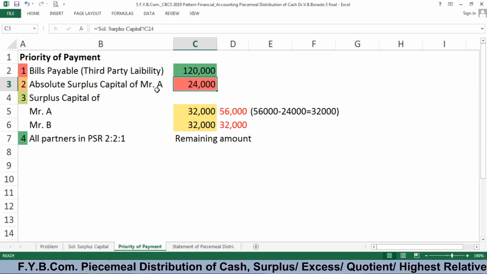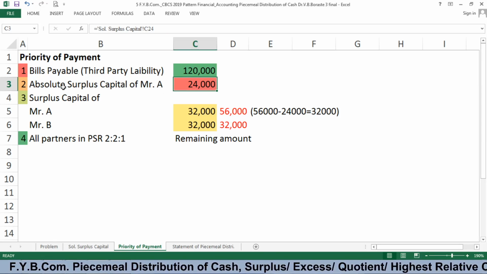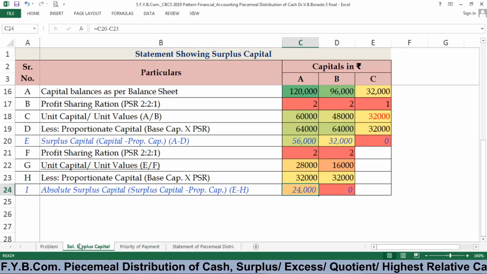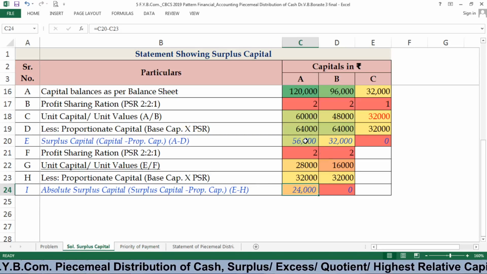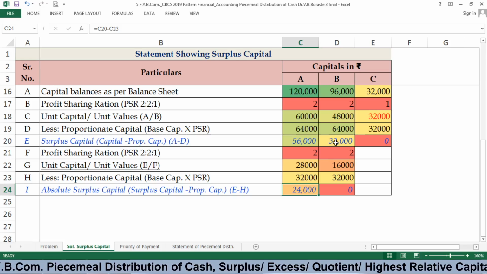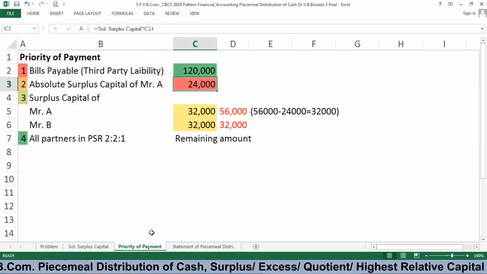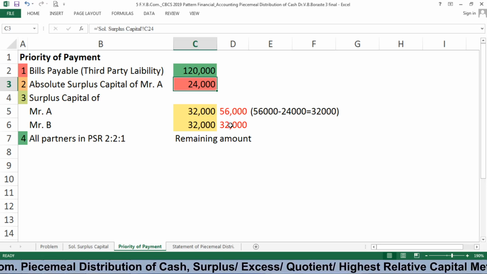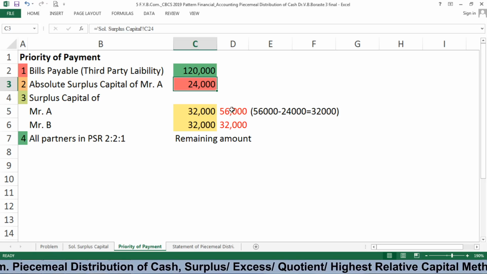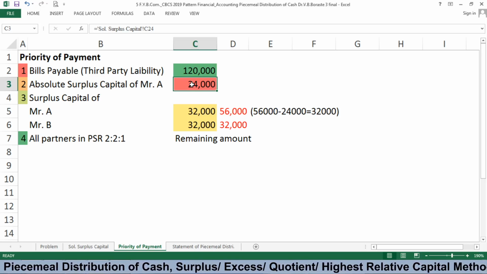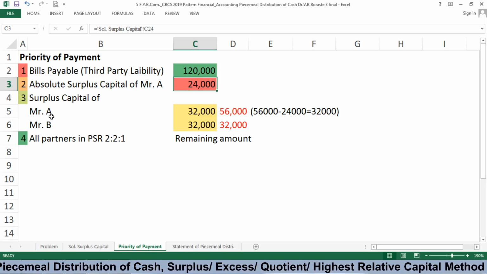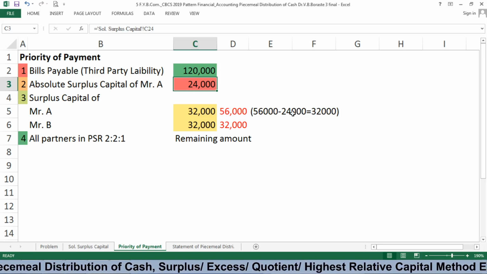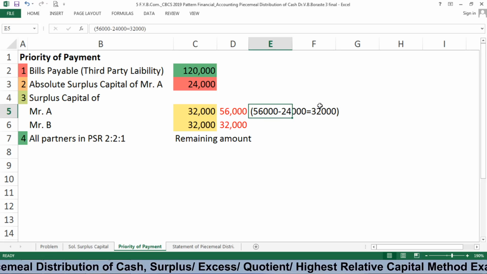After payment of Mr. A's absolute surplus capital, we can pay surplus, that is 56,000 to Mr. A and 32,000 to Mr. B. But here you can see 56,000 to A, and already out of 56,000 we have paid 24,000 in the earlier step. So Mr. A will get 56,000 minus 24,000 equal to 32,000.